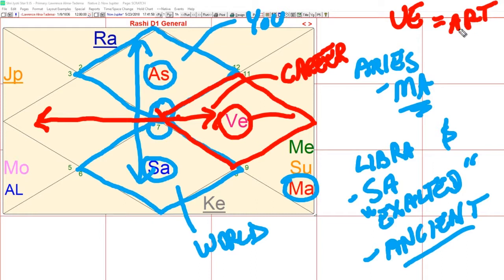And it also means lots of money. And Venus is happy in this location as well. So it's like art plus the ancient world, and that's basically what you have for this artist, Lawrence. So that's the basic idea.